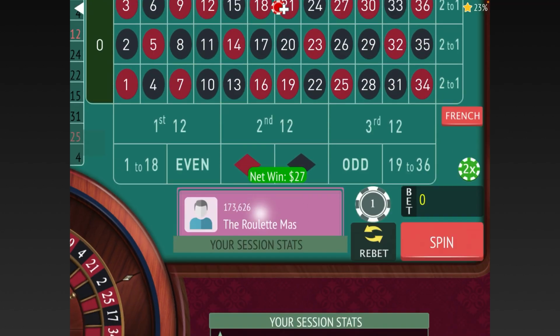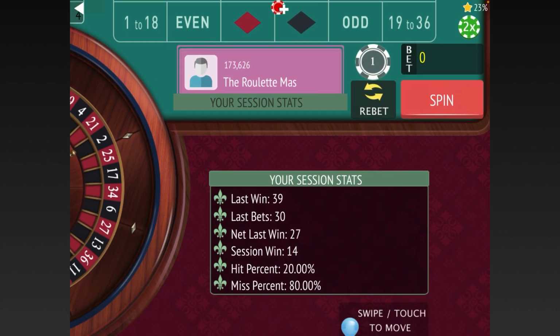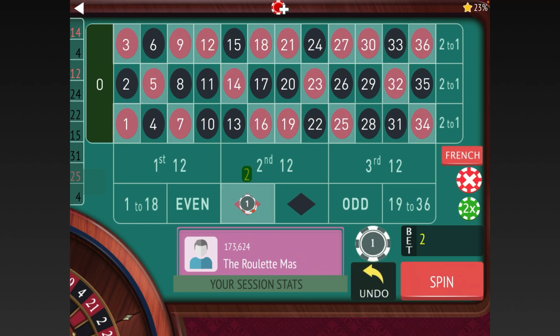Okay, we won 27 there. So now we're up $14. You can see on that last one, it was a total bet of 30, and we had 15 on the red. So now we go back 1 unit, so we go to 10.